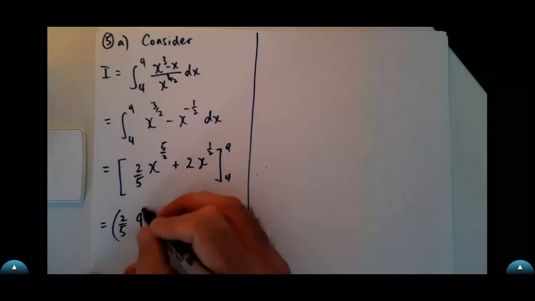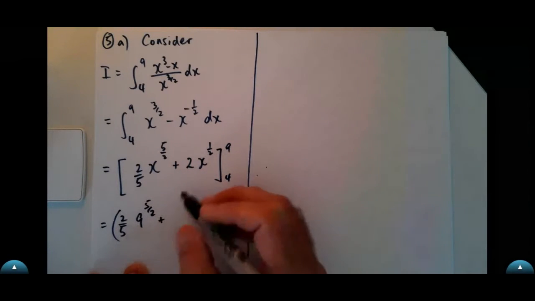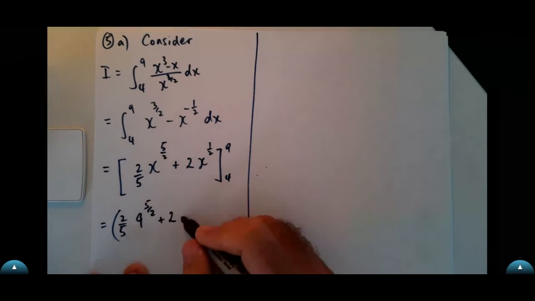Okay, when you put in these numbers, I won't do it all, but you're going to get something like this. So you've got the square root of 9 there.